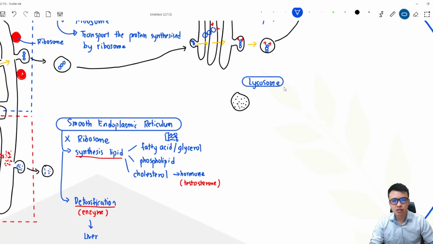Now guys, what is a lysosome? Lysosome is actually a membrane-bound structure that contains a lot of enzymes inside the membrane. So you can see this is the lysosome, and what is inside is called hydrolytic enzyme. It's the enzyme that can be used to break down bacteria.